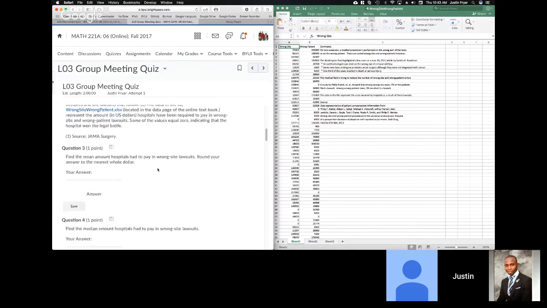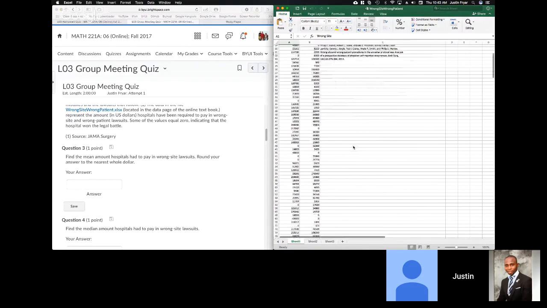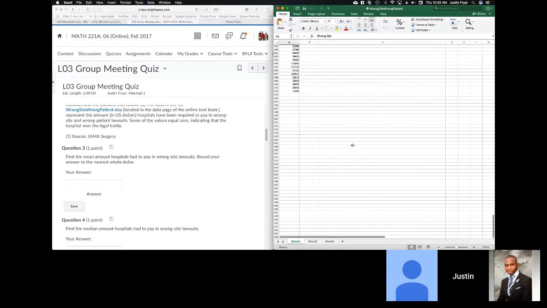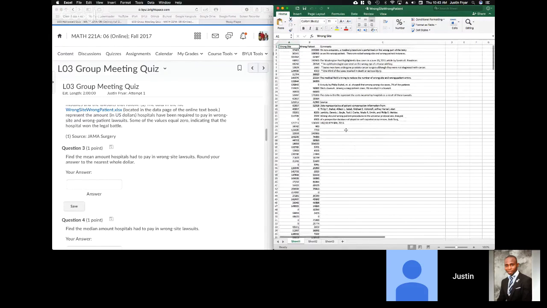All right, first question. Find the mean amount hospitals had to pay in wrong site lawsuits. Round answer to the nearest whole dollar. That's a lot of data. Okay, so we need to find the mean.